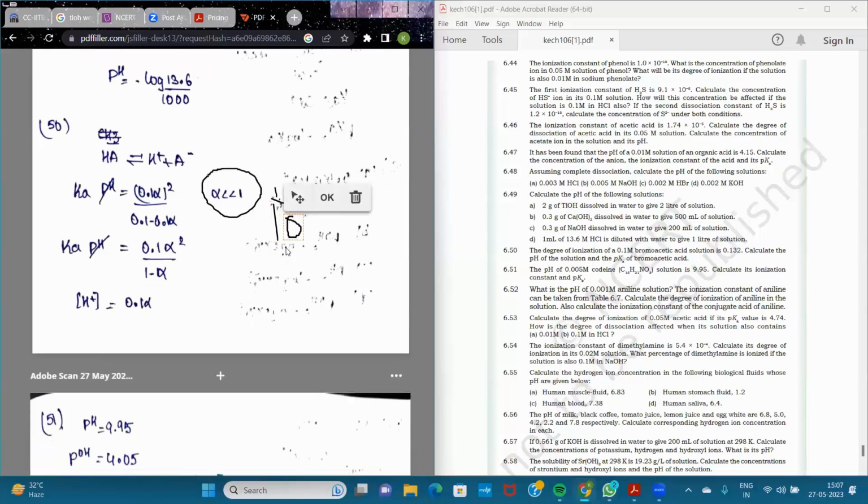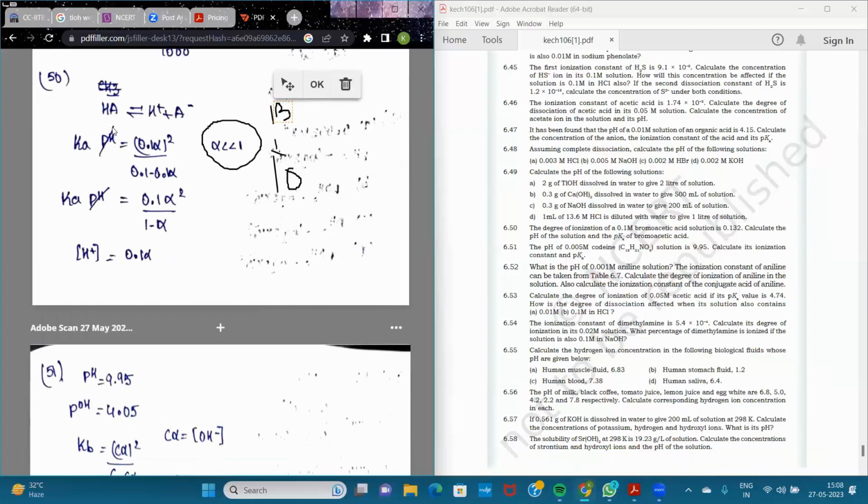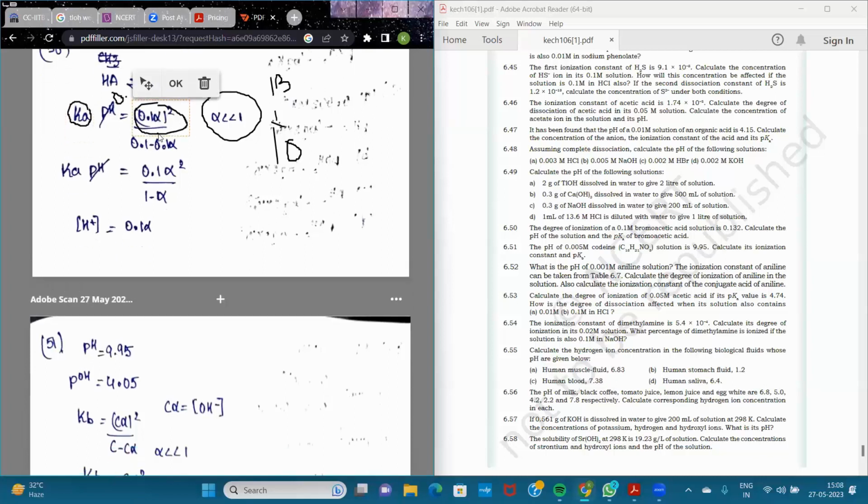If not neglecting also, it's no problem, but the calculation would be a bit lengthier. At equilibrium, this is 0.1 into 1 minus alpha, this is 0.1 alpha, and this is 0.1 alpha. We'll find the equilibrium constant value, that is ionization constant here: 0.1 alpha whole square by 0.1 minus 0.1 alpha.